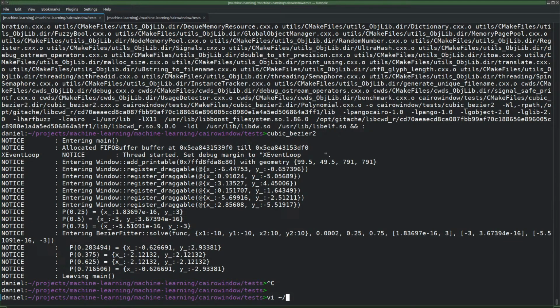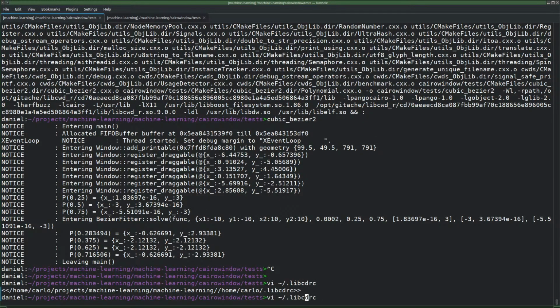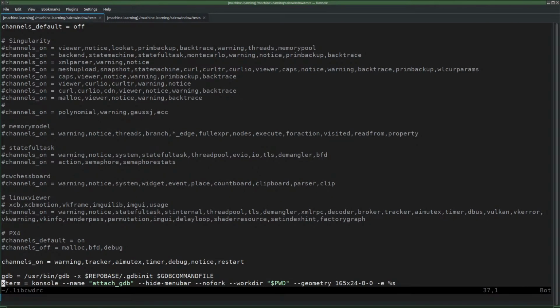More debug output. Can't type. It's not even listed anymore. You think I could remember that or something?